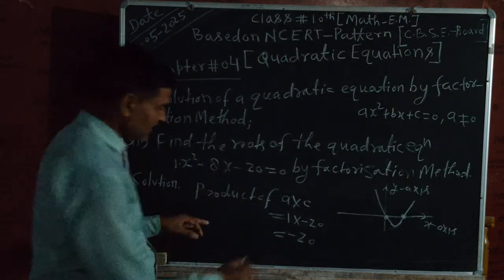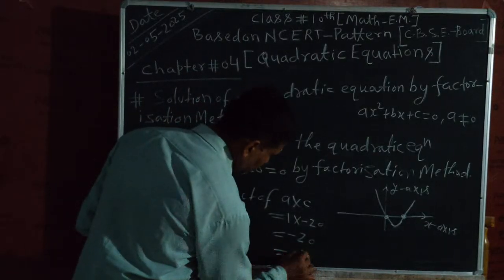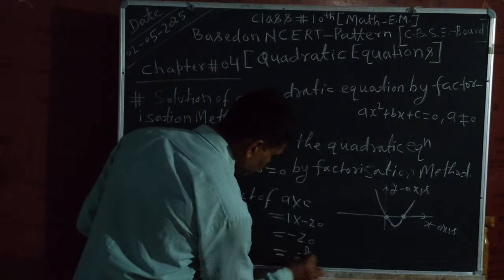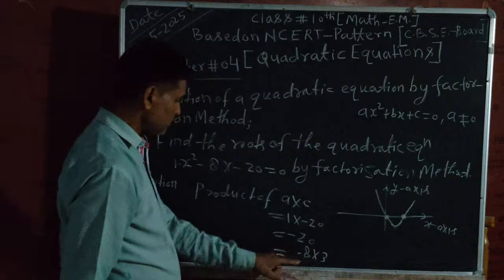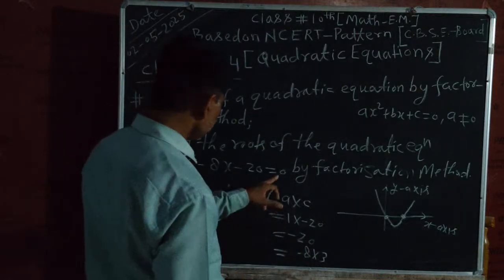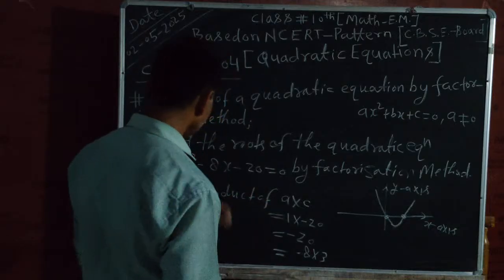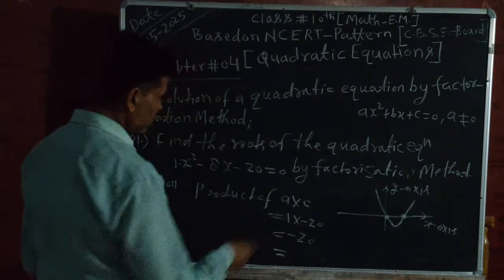I can write 8 into 3, that is 24. So here 4 is available. I will make it in two parts.